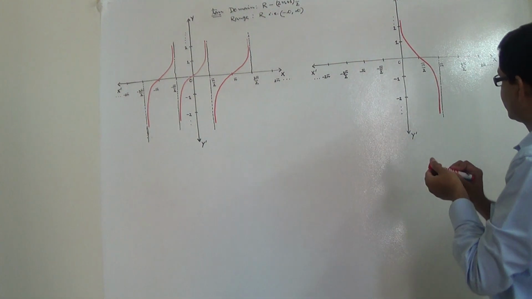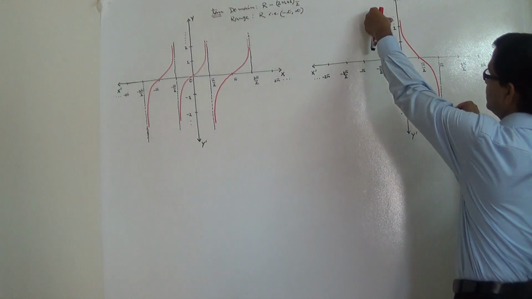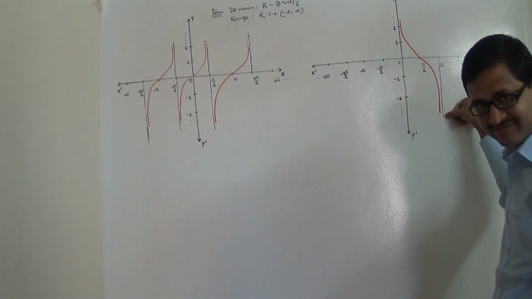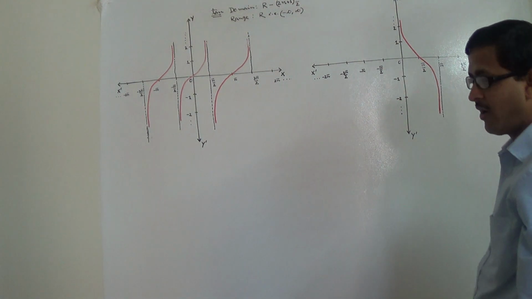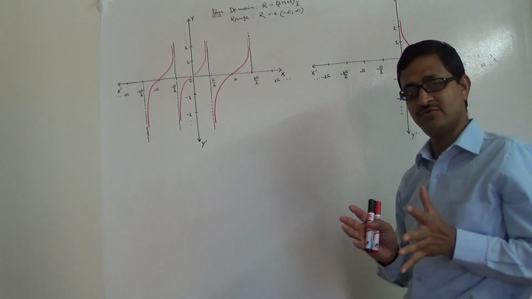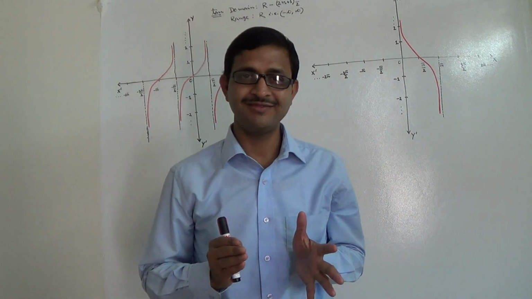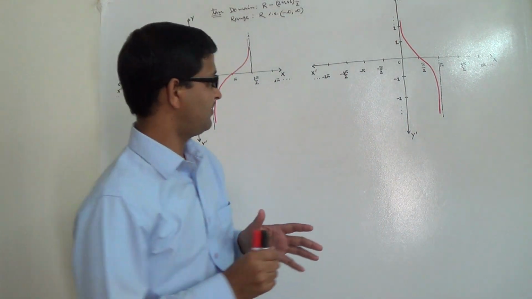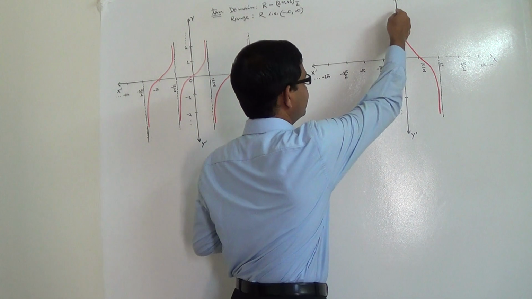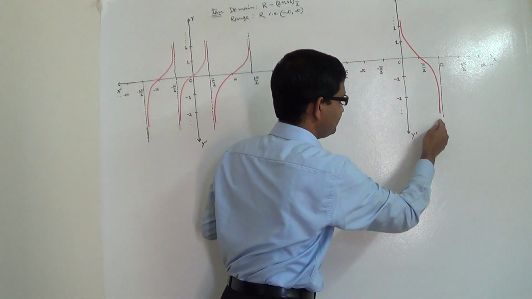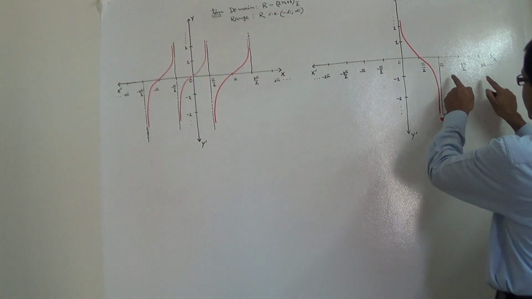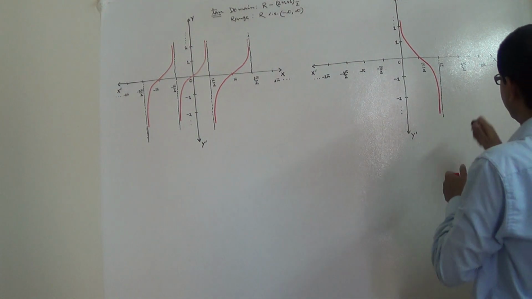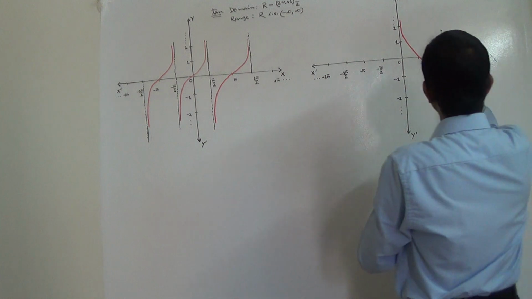Again, it will never touch the point pi and 0. So it never touches the lines x equal to pi and x equal to 0, while at both these values, 0 and pi, cot is undefined. Alright? And it is decreasing, you see, it comes like this. Again, in a similar manner, between pi and 2 pi, the curve will look like this one.